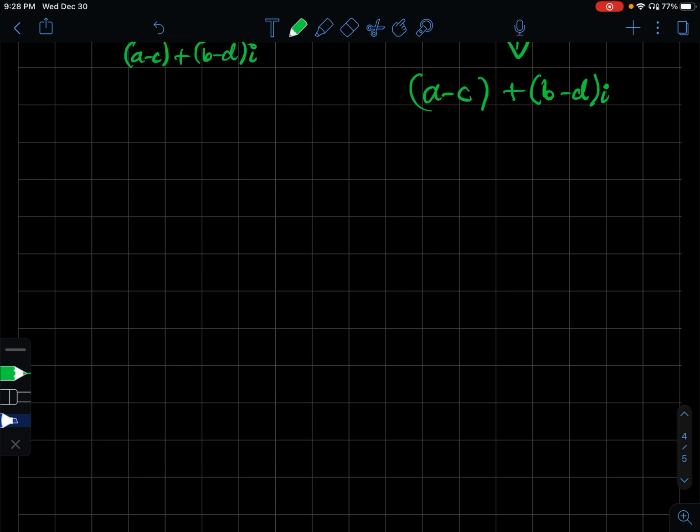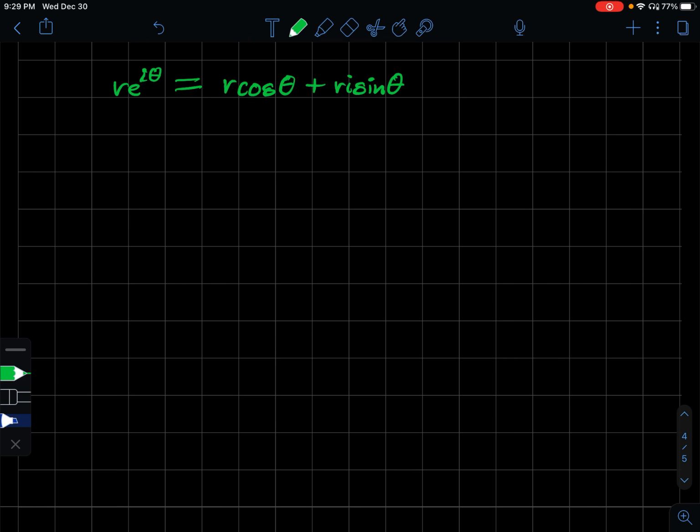If you wanted to know, the exponential form is generally written as r e to the power i theta. And this basically just stands for r cos theta plus r i sine theta. Yeah, it also goes into a little trig.